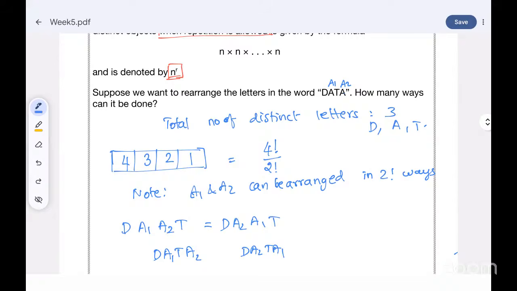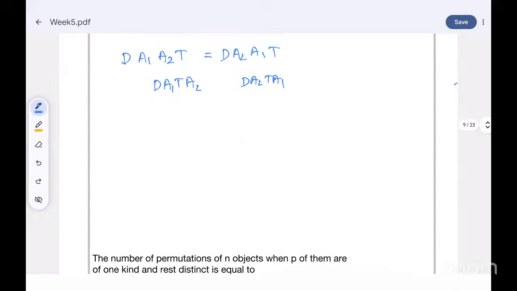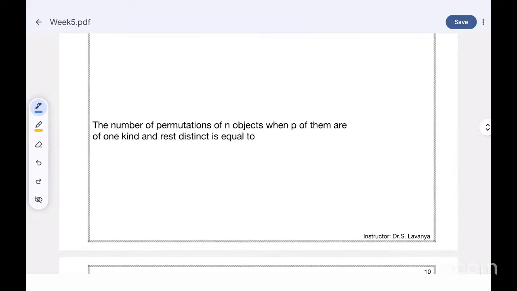Now, a slightly modified version of this question. Here the understanding is that the number of permutations of n objects when p of them are of one kind and the rest are distinct is equal to n factorial divided by p factorial.